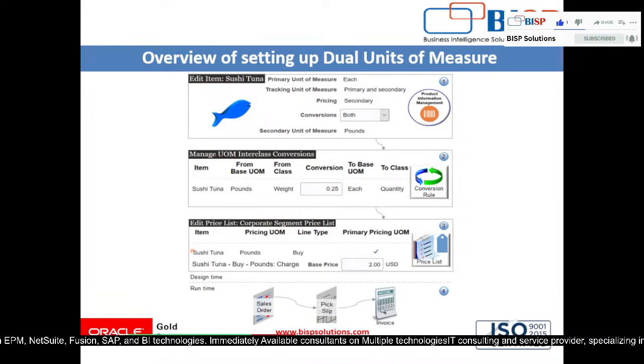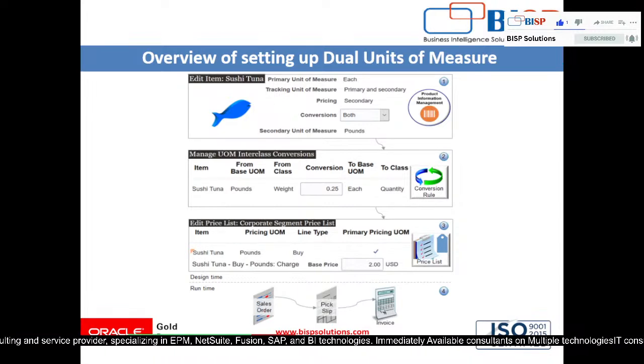And the next one is conversion, how to manage unit of measure interclass conversion, right? So you can create a conversion rule between the primary unit of measure and the secondary unit of measure, right? For example, you can see on the screen, you can convert 0.25 of the secondary unit of measure to 1 of the primary unit of measure, right?